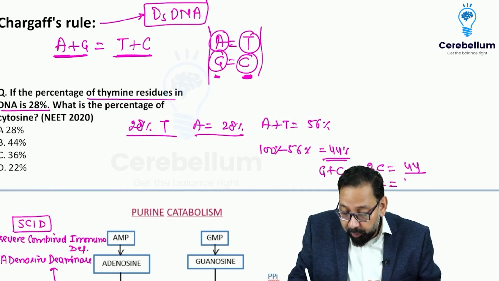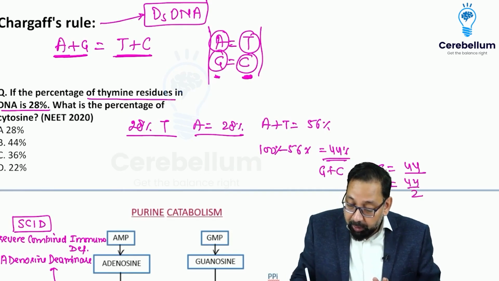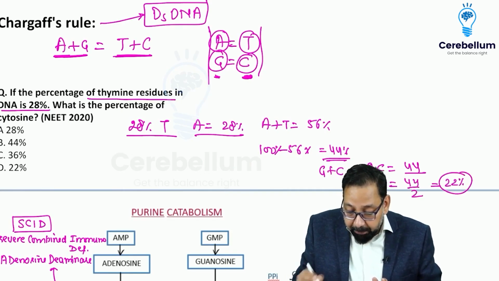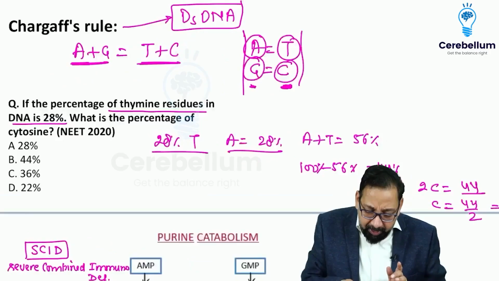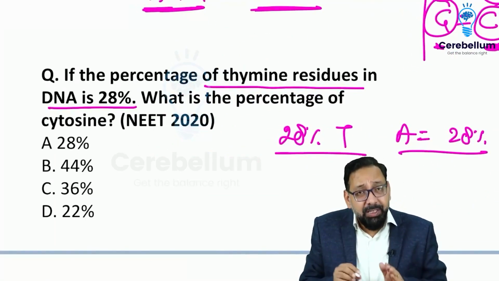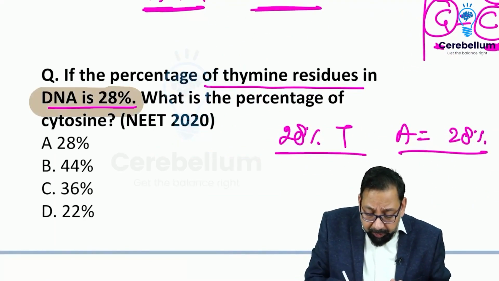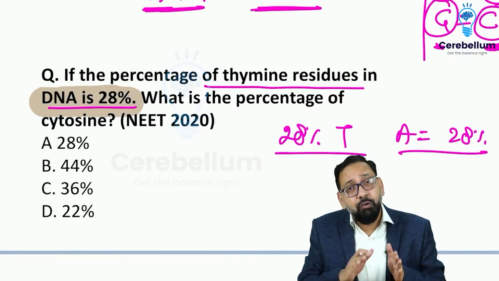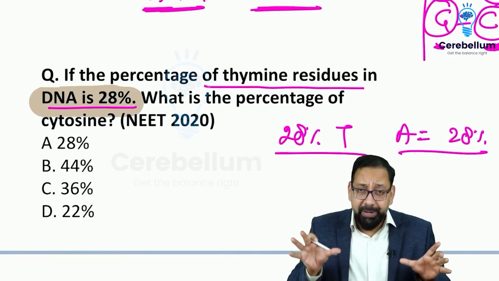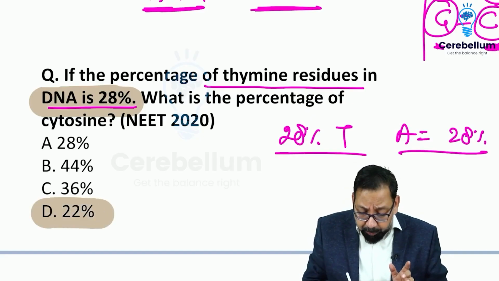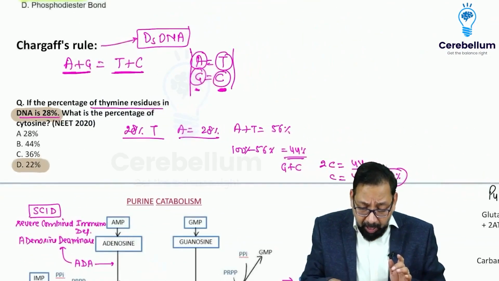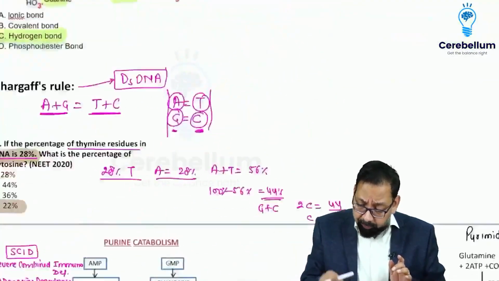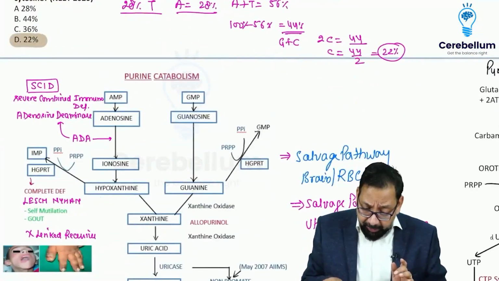So C is equal to 44 divided by 2, that is 22%. Simply, if A concentration is given, that would be equal to T, 28%. G would be equal to C, and the total percentage would be 100%. So 22%. This question has been asked about Chargaff's rule applied on double-stranded DNA.